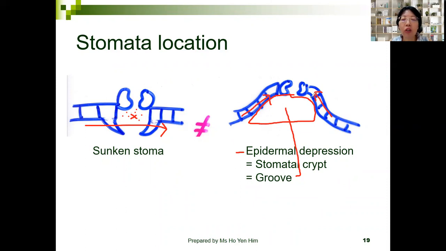This groove has the function of enclosing the humid air and blocking the wind so that the water vapor will not be blown away by the wind. Okay, so these are the 2 locations of the stomata that can reduce water loss.